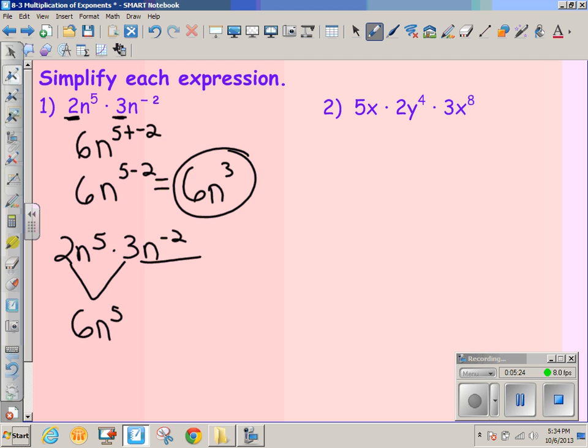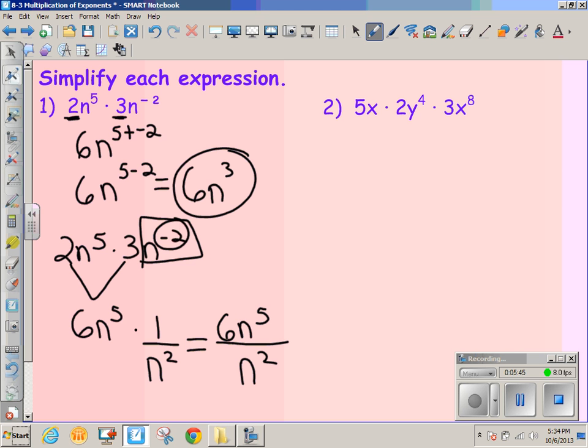But then this n raised to the negative second power, remember that that means that I'm going to take the negative second, and well, it's always 1 in the numerator, and then it becomes a positive in the denominator. So if I multiplied across, I would get 6n to the 5th all over n to the second.